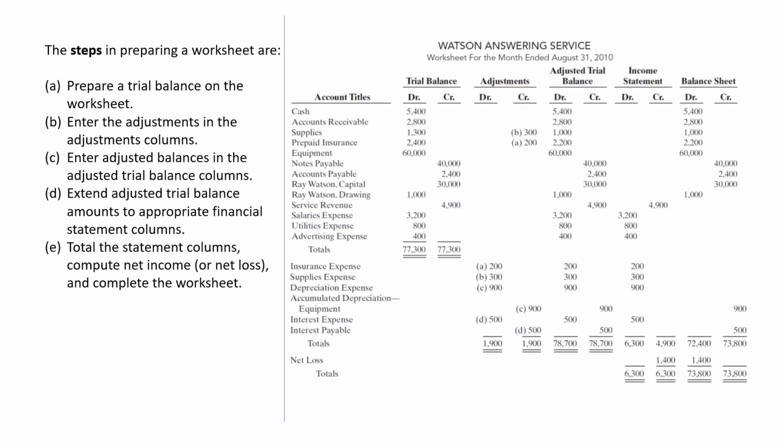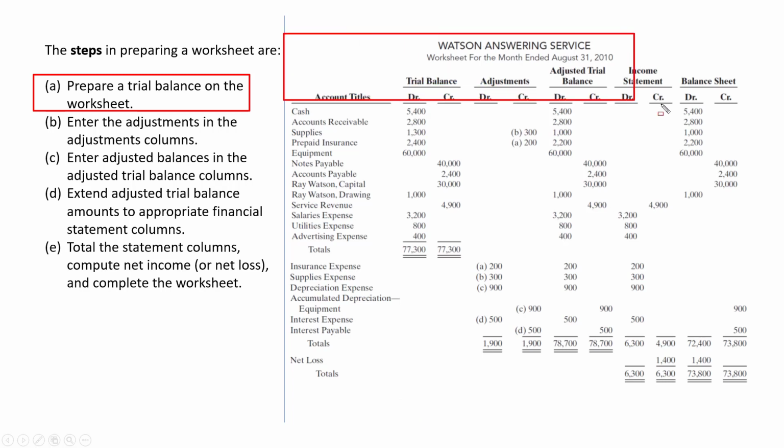So how to prepare a worksheet? There are some steps in preparing a worksheet. The first step is to prepare a trial balance on the worksheet. At the very beginning, students need to prepare a worksheet format like this.